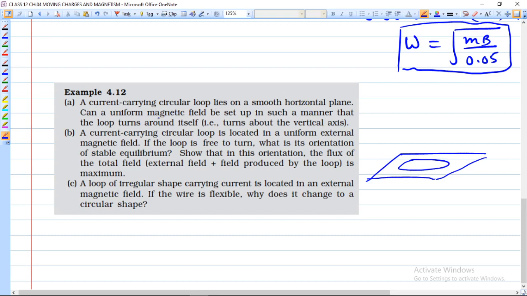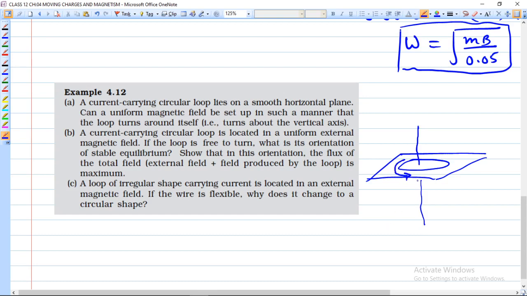Can a uniform magnetic field be set up in such a manner that the loop turns around itself, meaning it turns about the vertical axis? It is a vertical axis, so it turns like this.